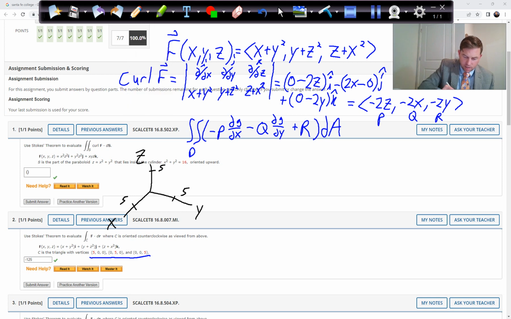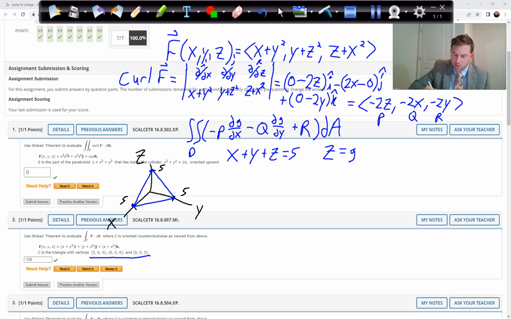And basically we get this triangle. Okay, well from that triangle we can get the plane x plus y plus z should equal 5, from that plane that's created from those 3 points. Therefore z, which should be g, which is a function of x and y, is just 5 minus x minus y.